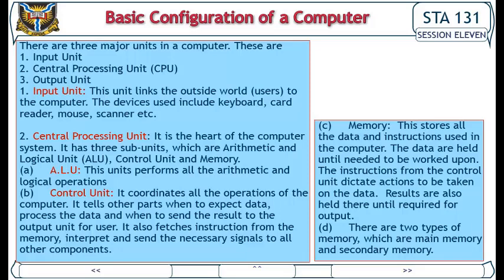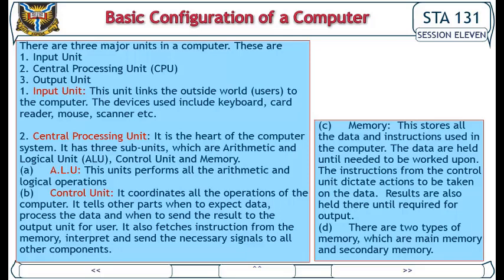2. Central processing unit. It is the heart of the computer system. It has 3 subunits, which are arithmetic and logical unit, ALU, control unit, and memory. A. ALU. This unit performs all the arithmetic and logical operations.